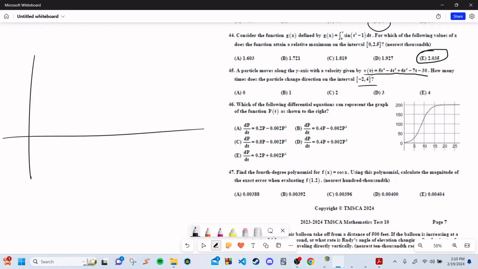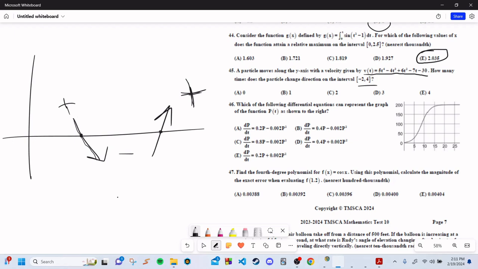Again, this is giving us the velocity over time. In order for you to change direction, that means you change from having a positive velocity to a negative one, or if you cross over from being negative to being positive in your velocity.